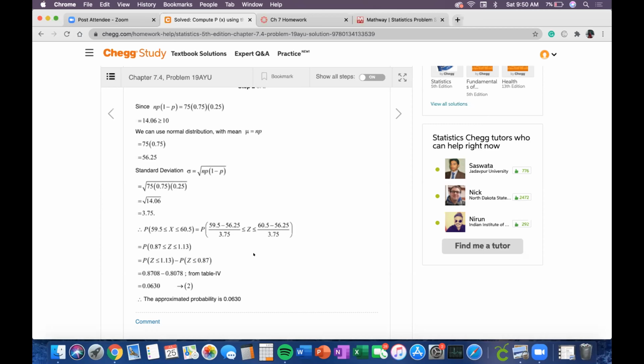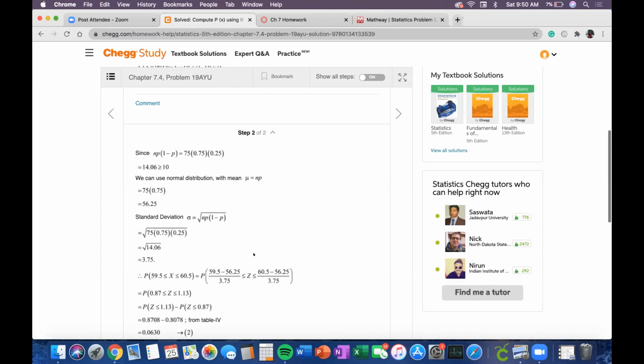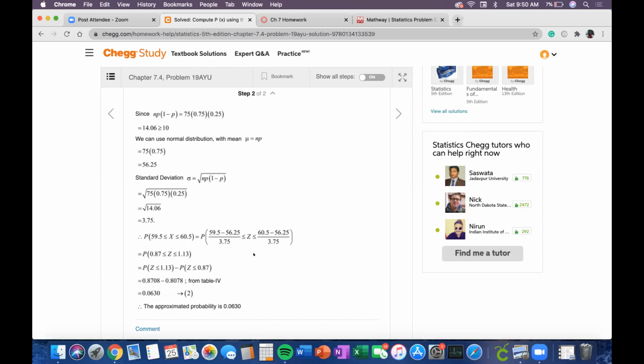And then for the second half of step 2, you just do what we did for the last section. You do the x minus mu over standard deviation. And that's how you find that. Okay.